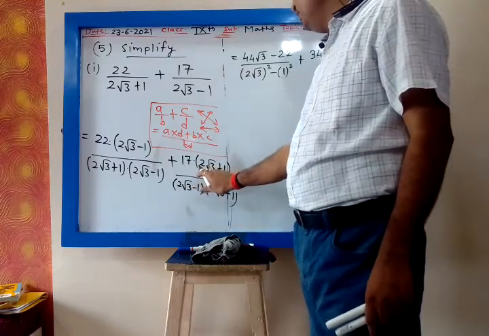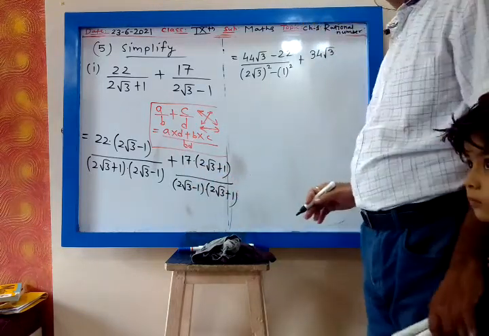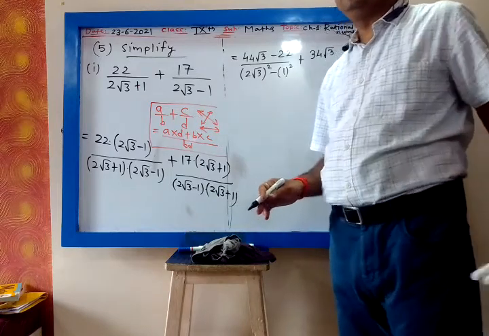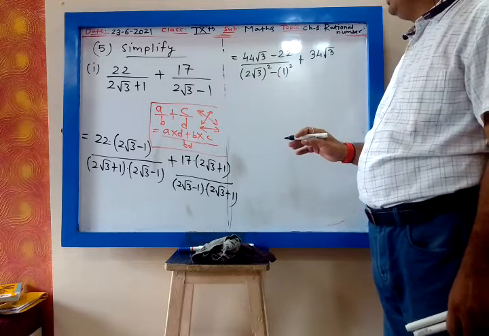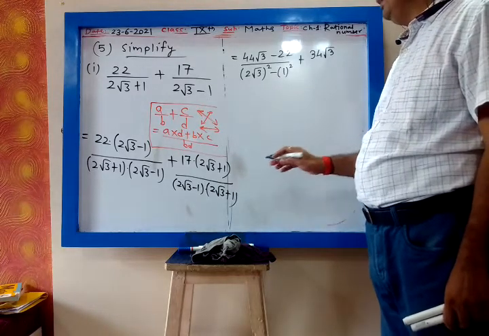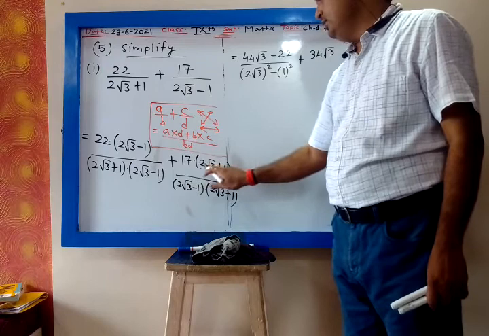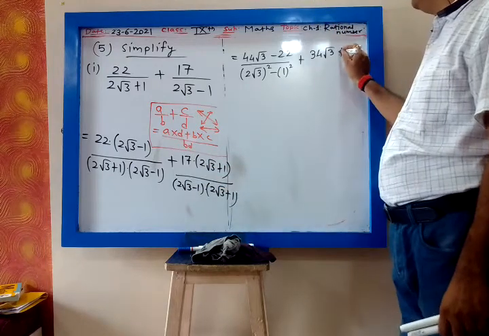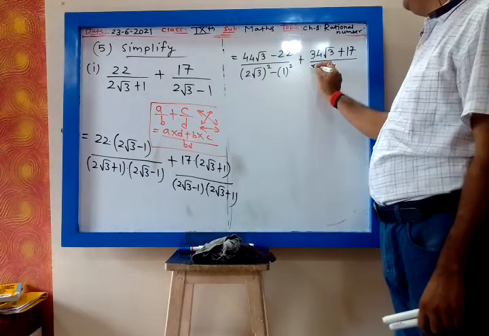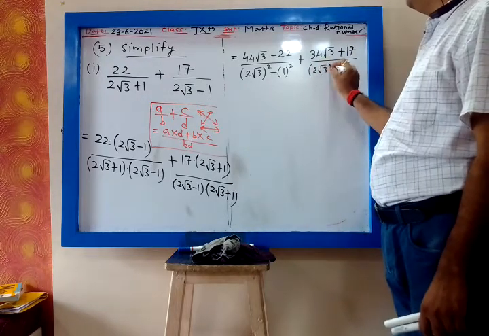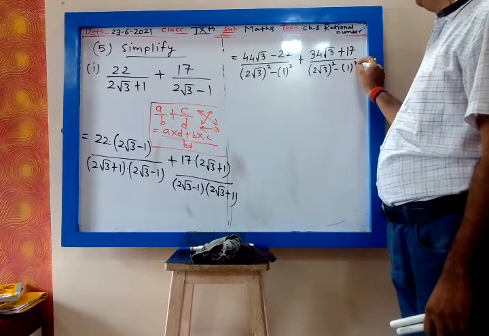17 into 2, no my dear, it is clear. From my side it is clear. 17 into 1, 17 upon a plus b into a minus b, that will be 2 root 3 square minus 1 square.